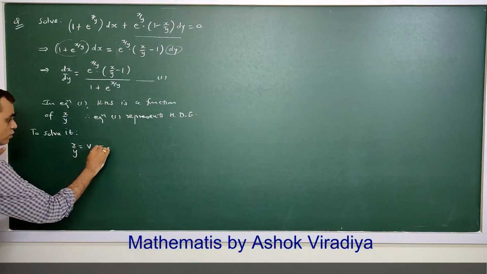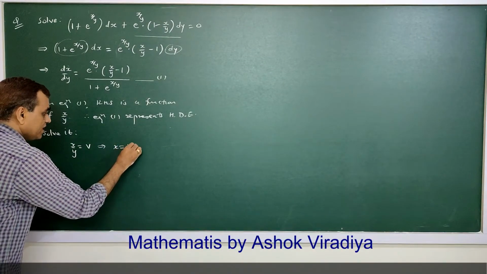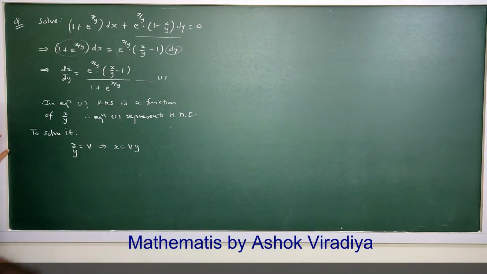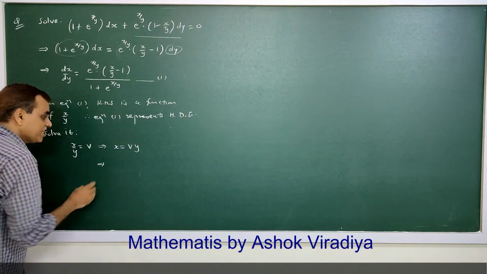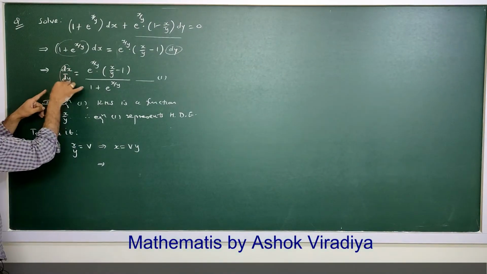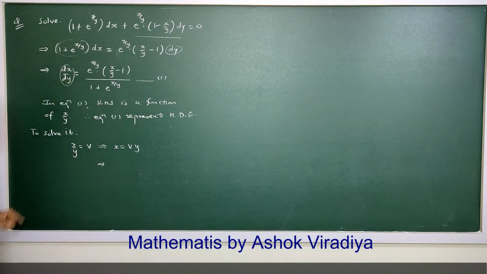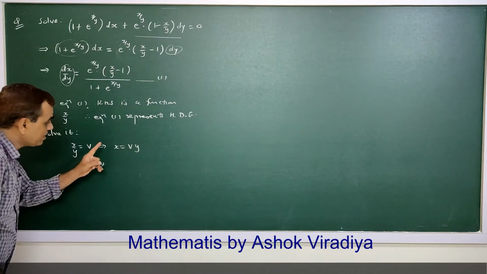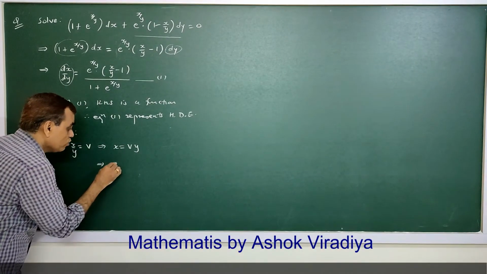So x equal to v into y. Now here we differentiate with respect to y because we want value of dx by dy. So dx by dy is possible if you differentiate this with respect to y.